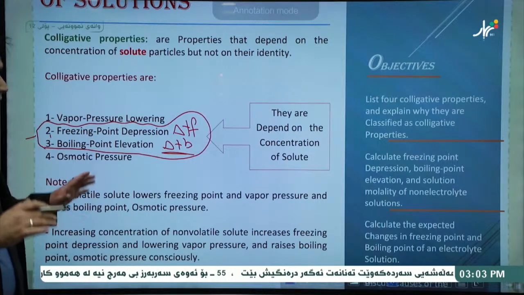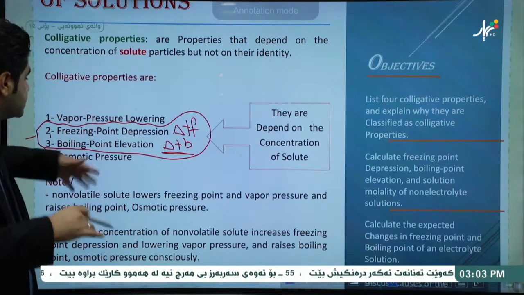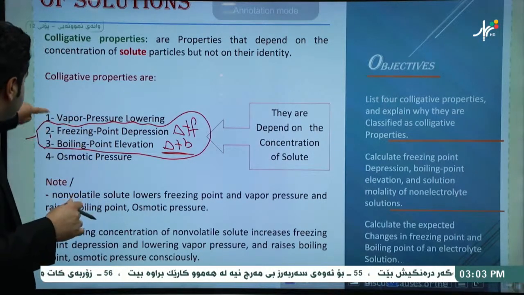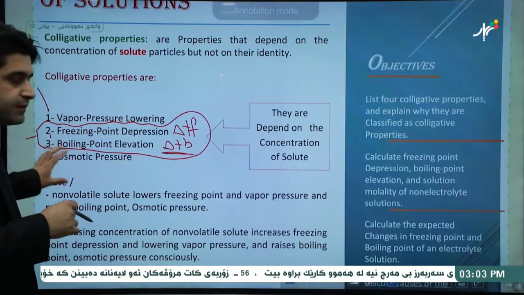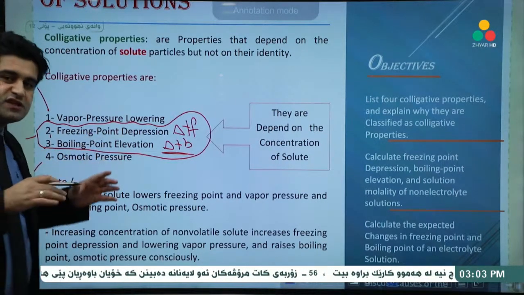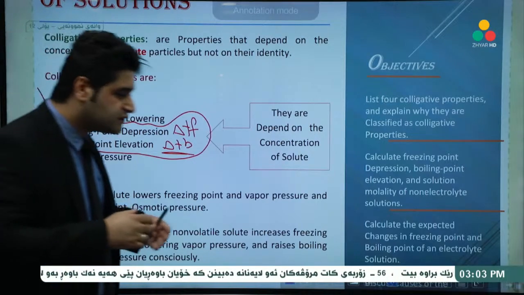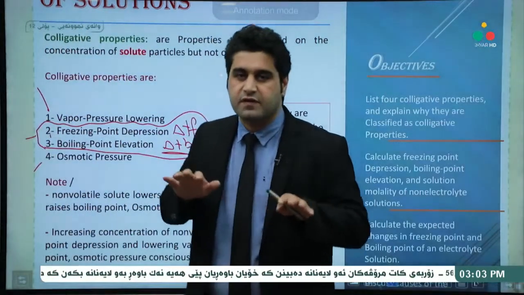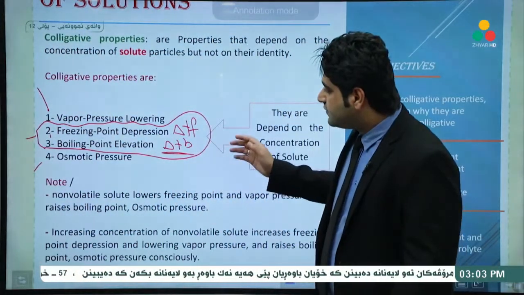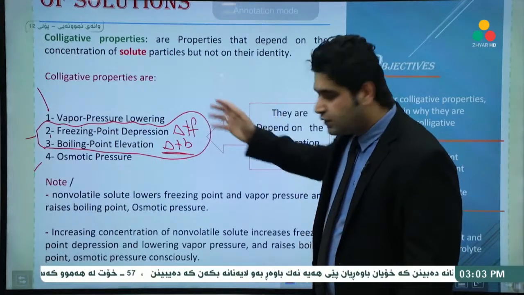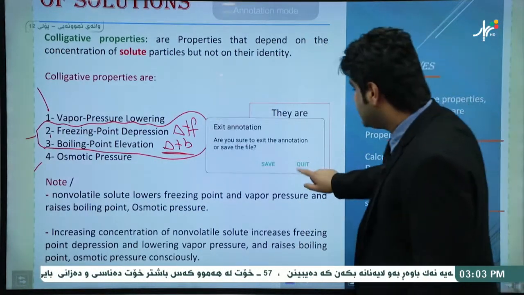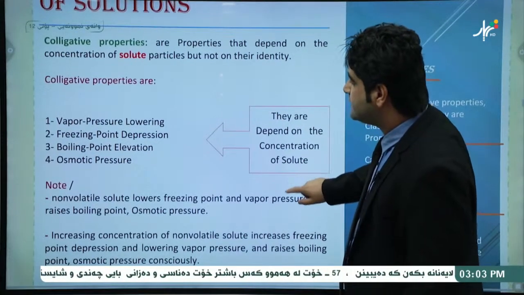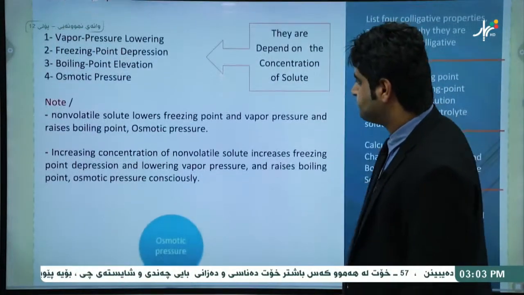We have some mathematical problems and we're going to solve them. But the first one and the last one, we will talk about just theoretically, explaining them and showing something, and after that we'll be finished. Okay, let's start with the colligative properties for today.